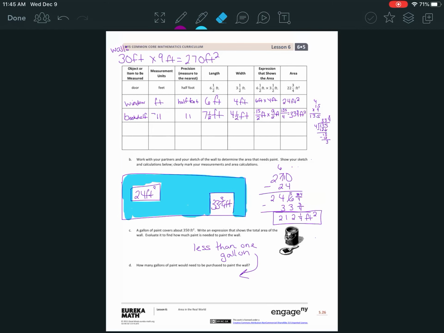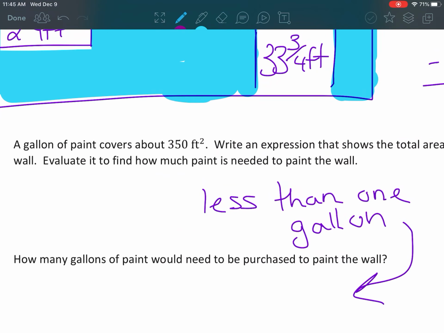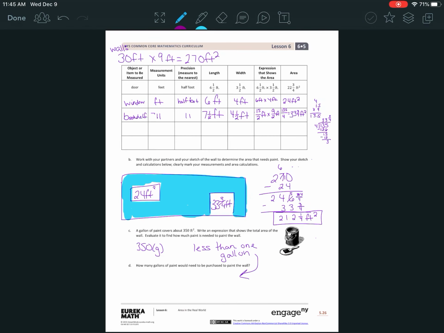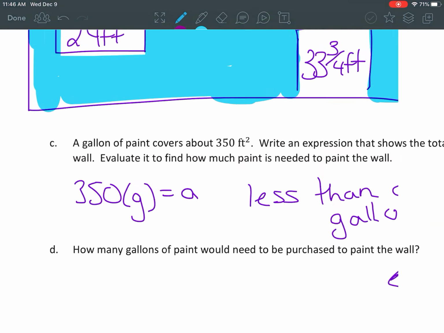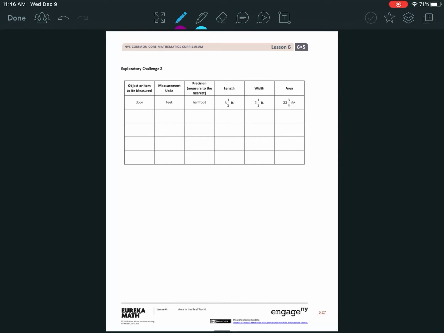I think the expression they're looking for here would be like 350 times G, but our wall isn't that big, so we would just need less than that gallon. So 350 times G equals area, and where our area is less than 350, then we just need 1 gallon.